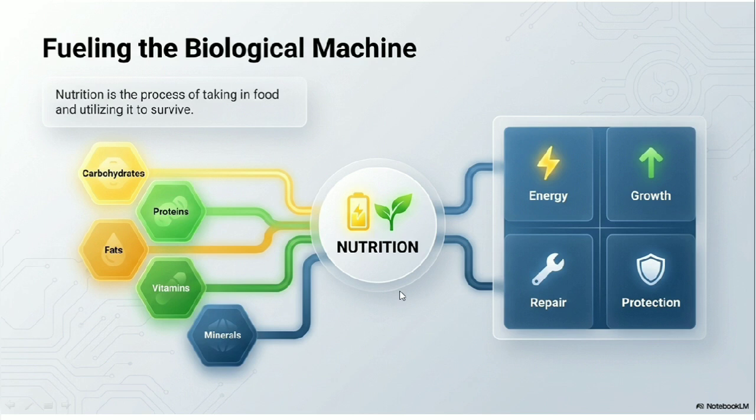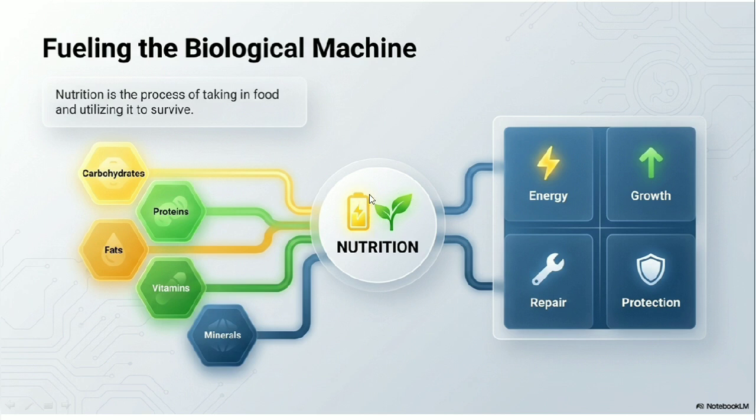So all living organisms need nutrition. Even animals obtain food from plants or other animals. But plants prepare their own food. Therefore, the mode of nutrition in plants is called autotrophic nutrition.